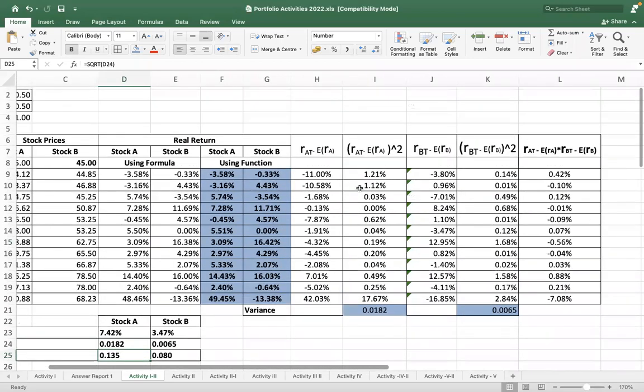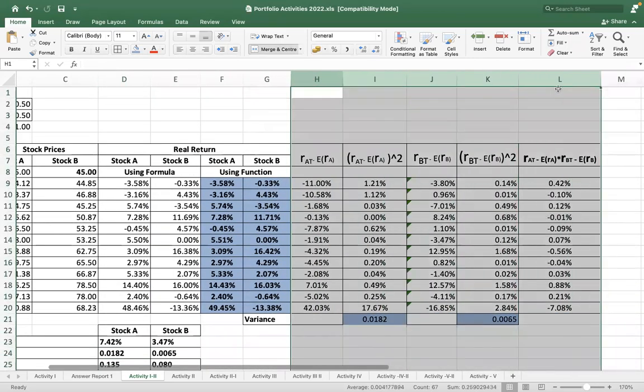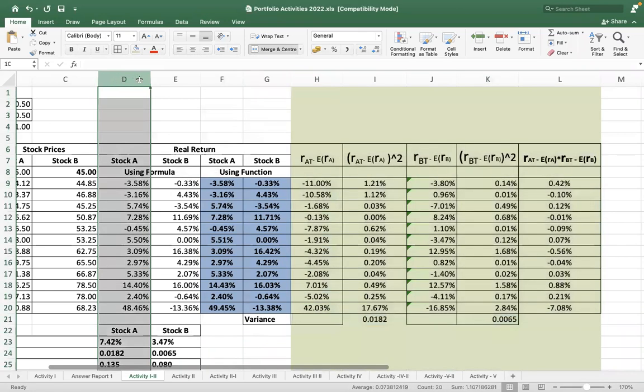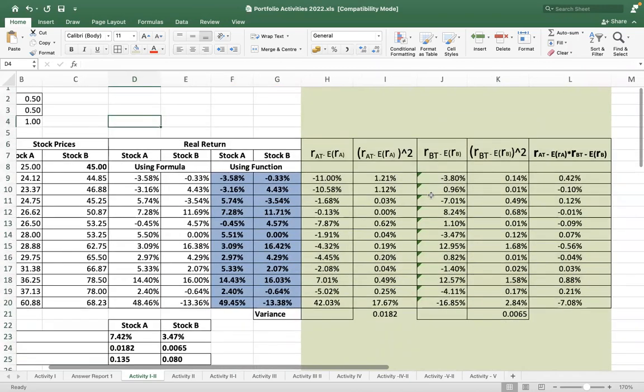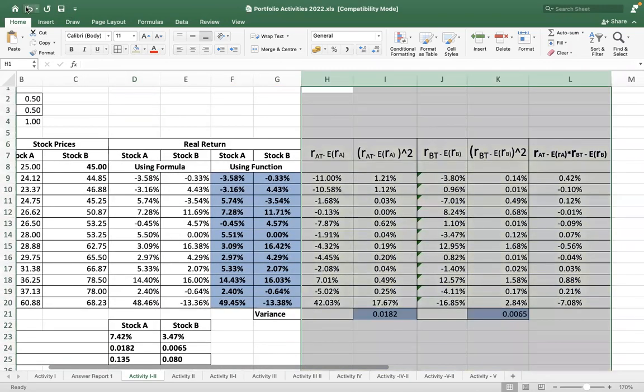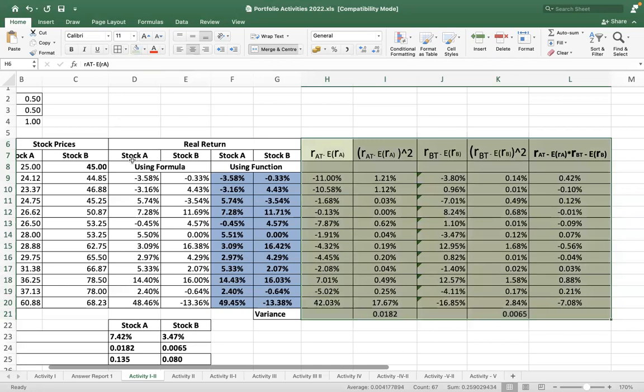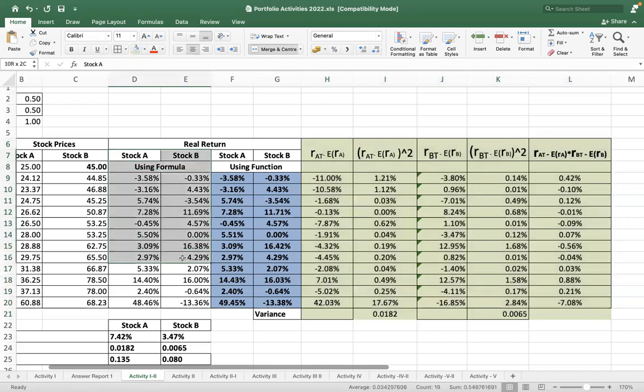This part is actually not needed, right? This part is not needed. We just need this. Let me show this in another color. These parts we actually don't need. This is for understanding. I just want to show how this can be done manually and how we can apply Excel, right?